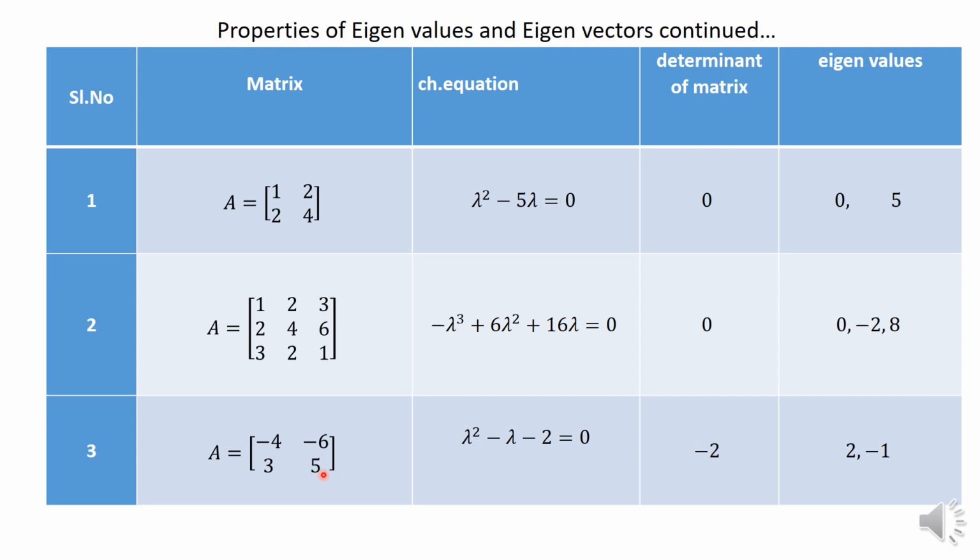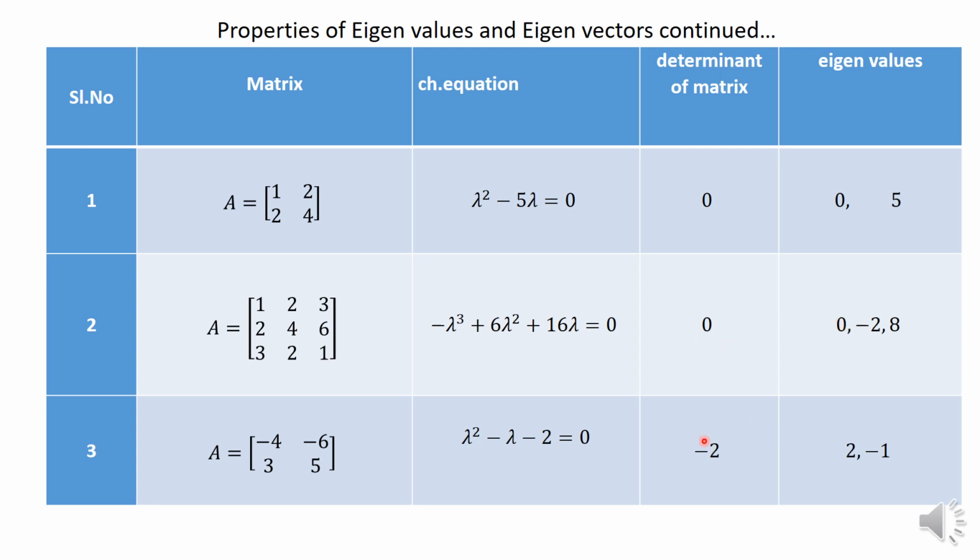This matrix is a non-singular matrix. Non-singular matrix means the determinant value is not 0. That's why we get non-zero eigenvalues. You recall, we get 0 as the eigenvalue only when the determinant of that matrix is 0, meaning the matrix is singular. So what we can conclude is, if a matrix is singular, whose determinant value is 0, then we get 0 as an eigenvalue.